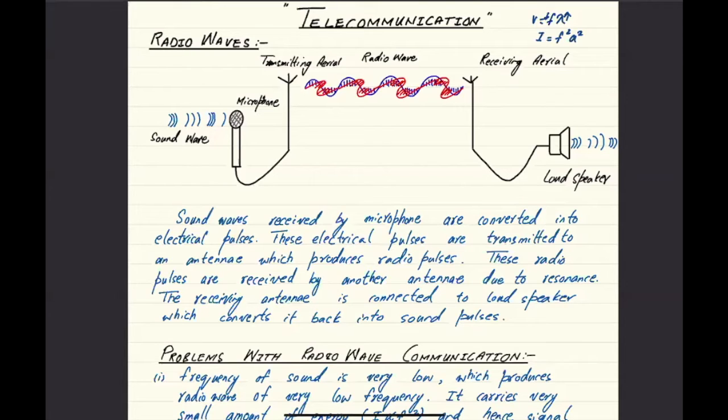So if you have to set up two radio stations, you won't be able to do that, because both radio stations would be working at nearly the same frequency. And then their signals would overlap with each other. Hence you won't be able to operate more than one radio signal or more than one radio station.